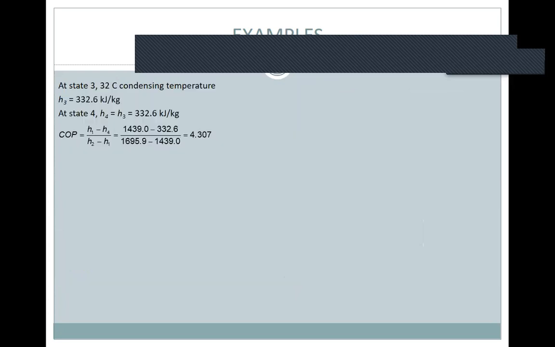At state 3, 32 condensing temperature, H3 is equal to, again, 332.6 kilojoule per kilogram. Saturated pa rin. State 4, H4 is equal to H3. So COP is equal to H1 minus H4 over H2 minus H1 is equal to 1439 minus 332.6 over 1695.9 minus 1439 is 4.307.